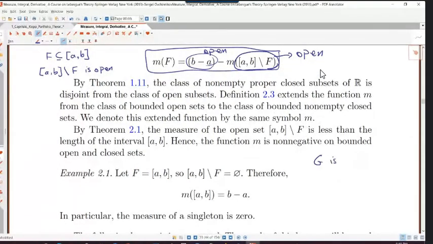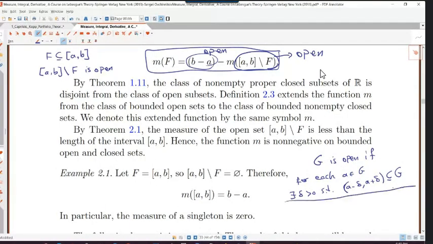G is open if for each a in G there exists a neighborhood of a, there exists a positive delta such that the open interval a minus delta to a plus delta is a subset of G. In this case, we say that G is open.